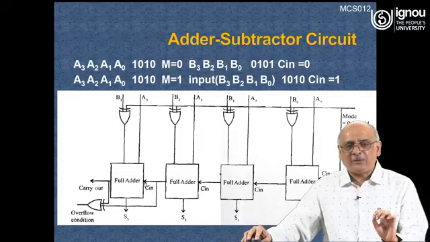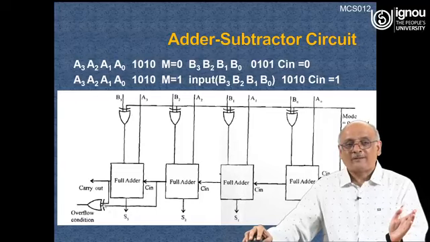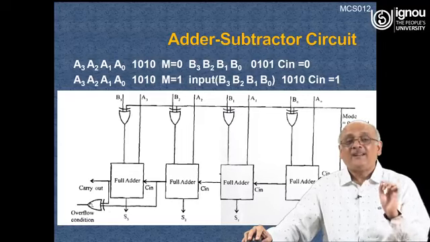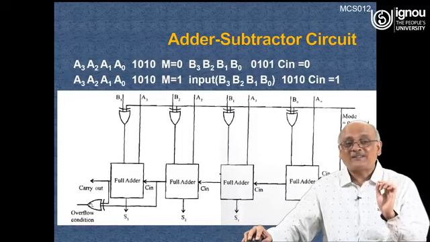If the carry into the sign bit and the carry out of the sign bit are the same, then there is no overflow. If both are either 1 or both are 0, the output of the XOR gate is going to be 0. But if they are different, where one of them is 0, then the output is going to be 1. So this circuit not only tells us about the addition, but also gives us the overflow.